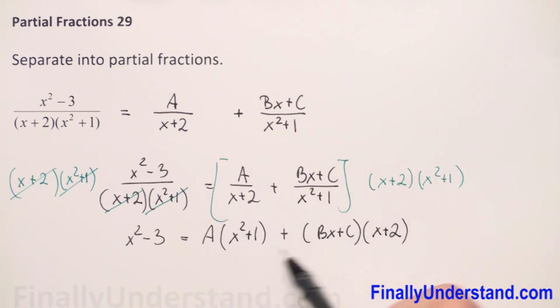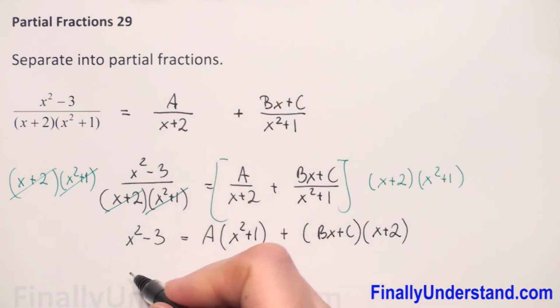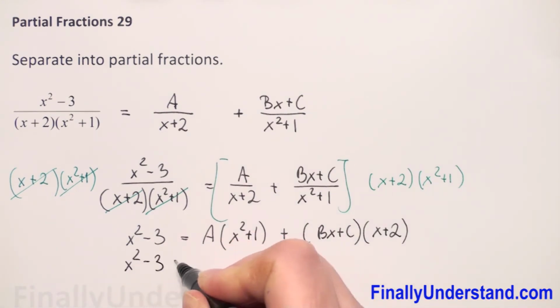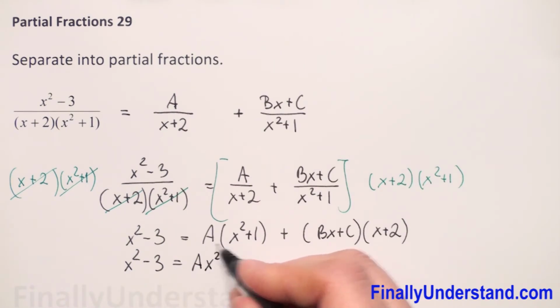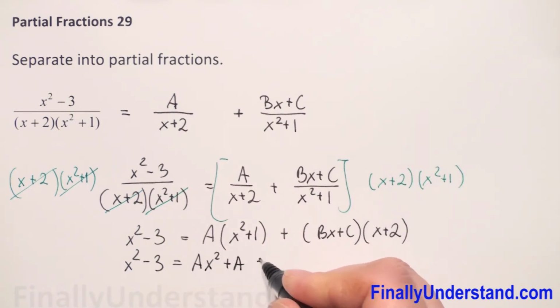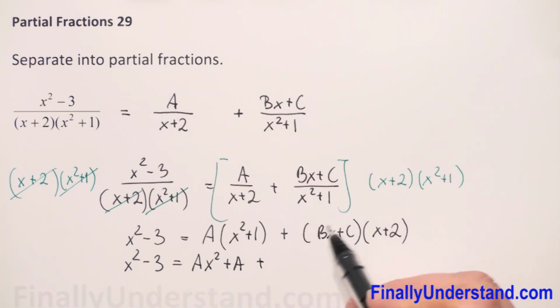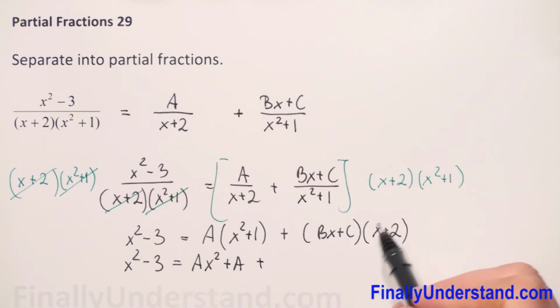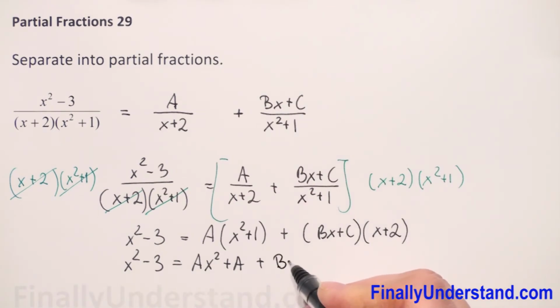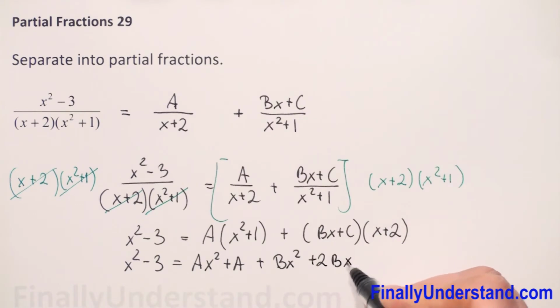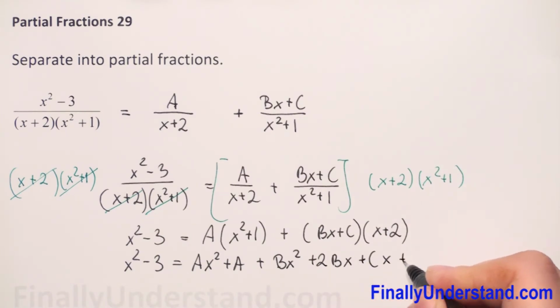Next we have to do the multiplication on the right side. The left we will copy. So a times x squared is ax squared, a times 1 is a, plus, now we have to multiply every expression in the first parenthesis by every expression in the second parenthesis. So bx times x is bx squared, bx times 2 is 2bx, c times x is cx, c times 2 is 2c.